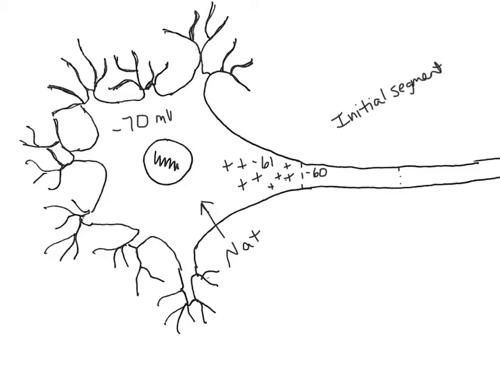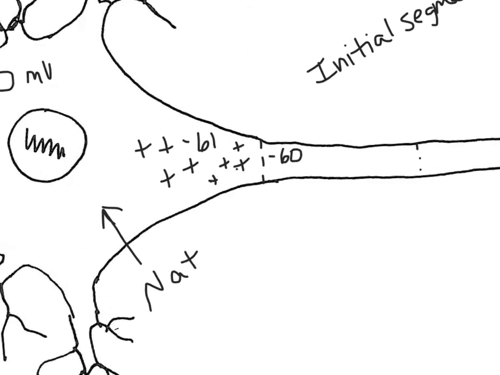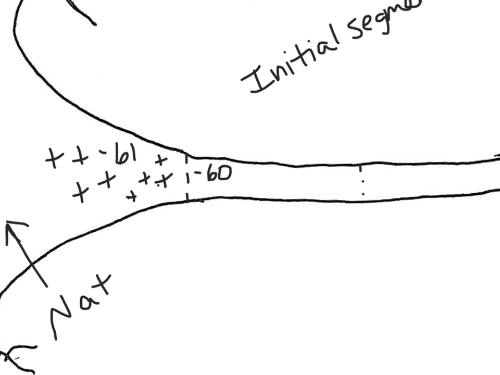So now we have another gated channel that we're going to talk about. And these channels are only on the axon hillock. These gated channels are voltage gated sodium channels. So this tells us that what ion can move through it?